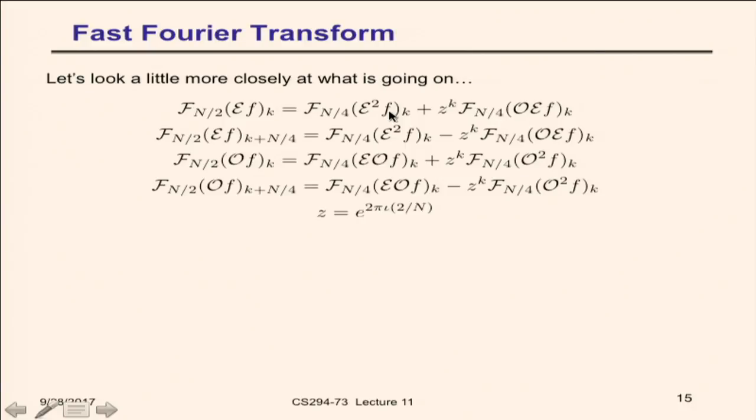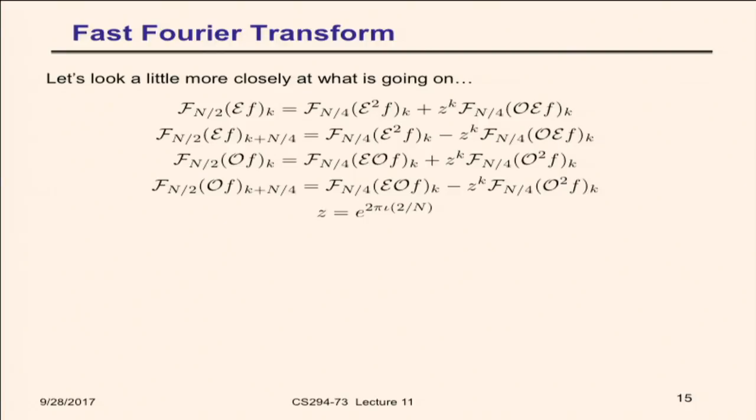That is, it's going to be every fourth starting at 0, times z to the k of f of n over 4 on the odd of the evens, which is going to be every fourth starting at 1.